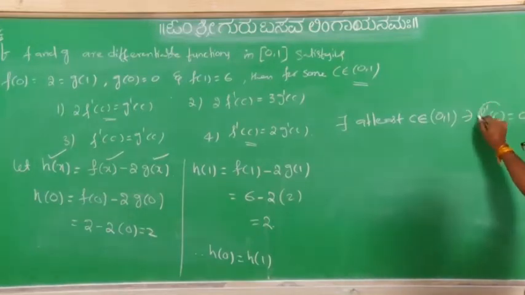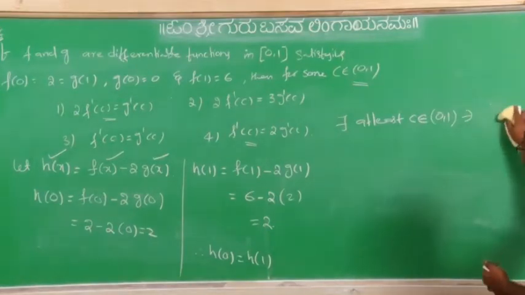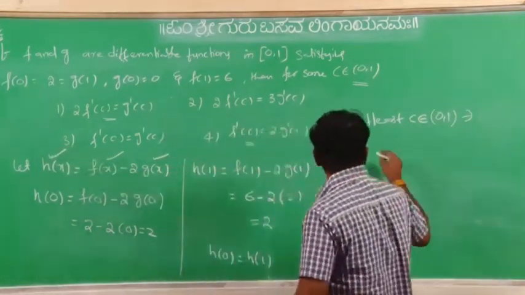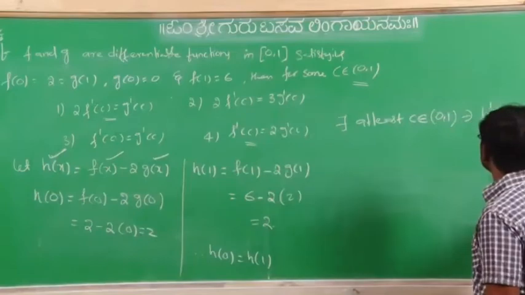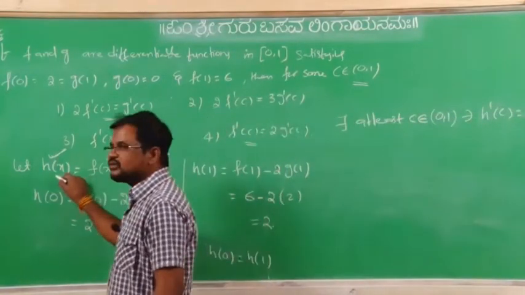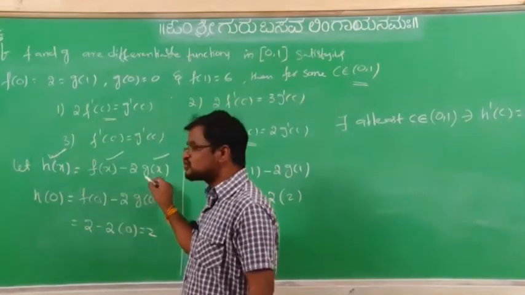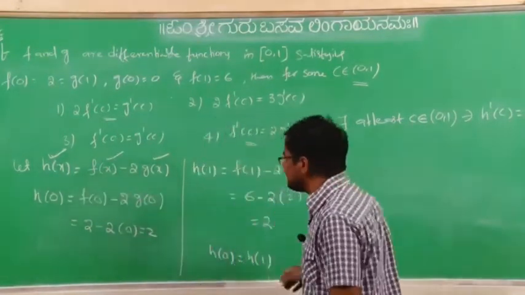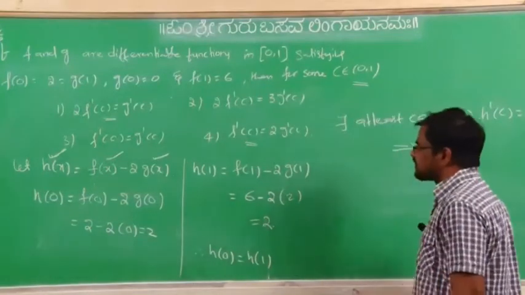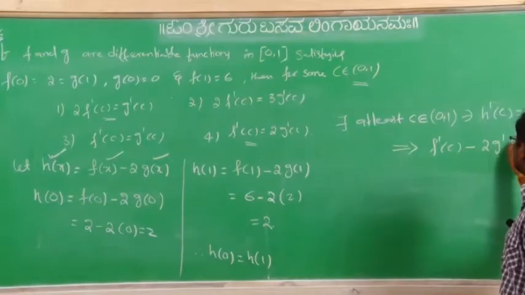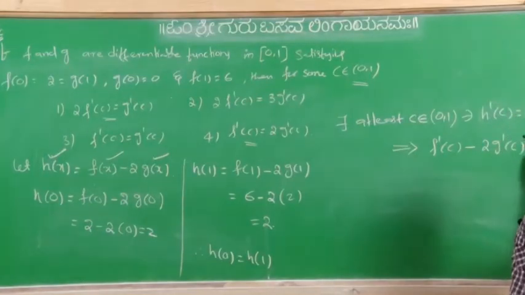In place of the function given, we considered h of x. So here h dash of C equals 0. Now h of x equals f of x minus 2 g of x, which we considered. Differentiating, we get f dash of C minus 2 into g dash of C equals 0.